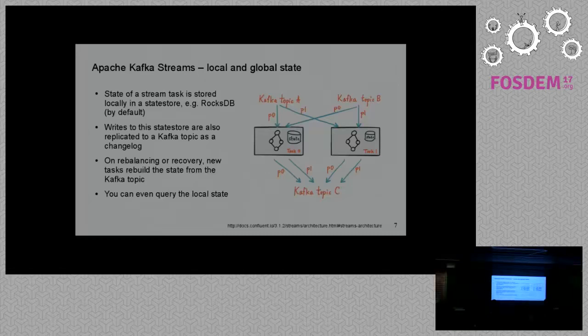So the way this state store is made available is that it's written back to Kafka as a topic, as a changelog topic for your state store. And this is the way that Kafka Streams handles rebalancing and fault tolerance, because any other instance of your application can just read the state of your streaming application from that changelog and recover it.